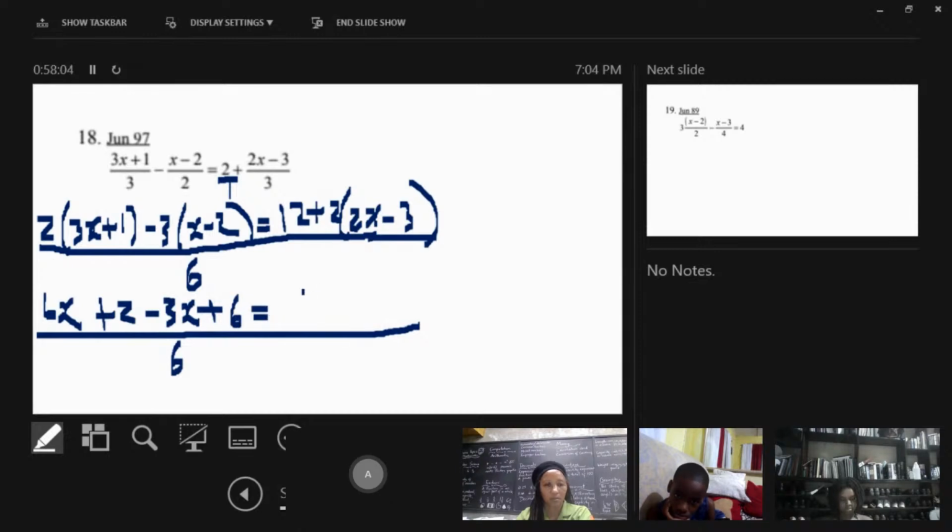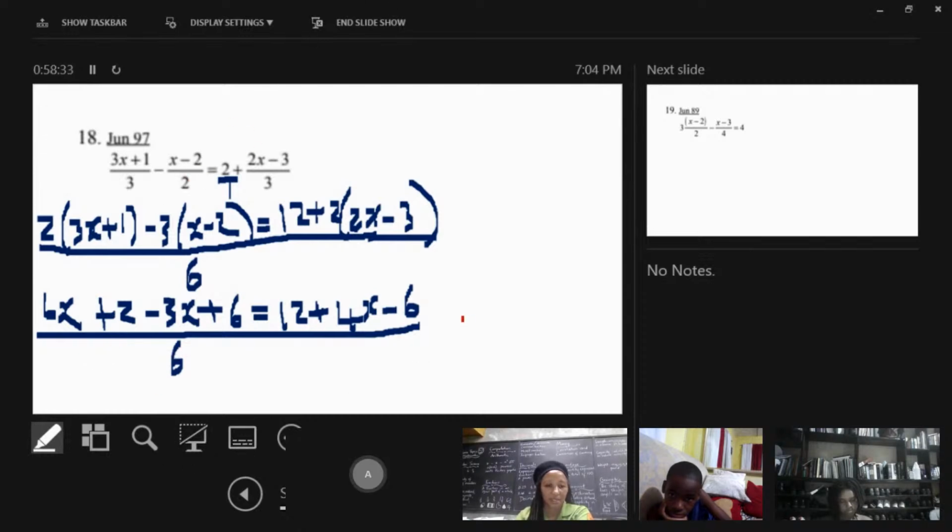And we just put back the 12. Plus 2 times 2x, 4x. Subtract 2 times negative 3, so it's negative 6. And now we can get rid of the LCM.